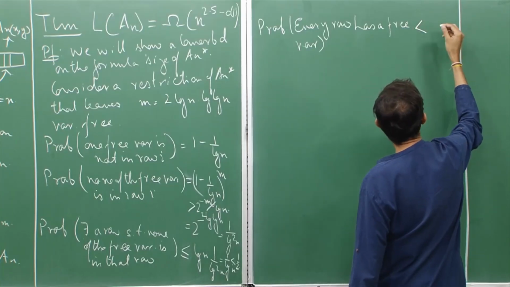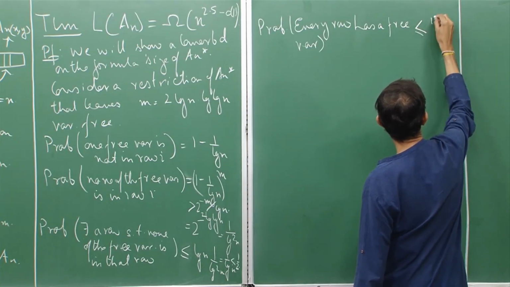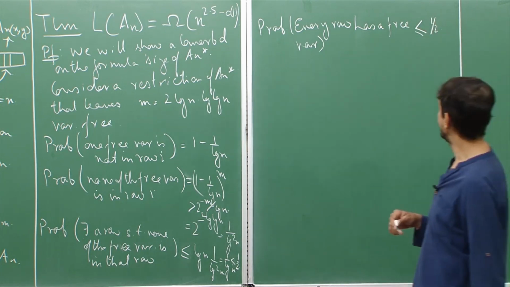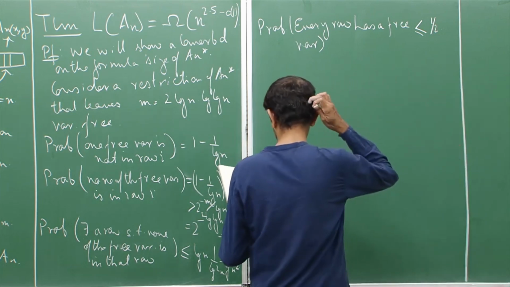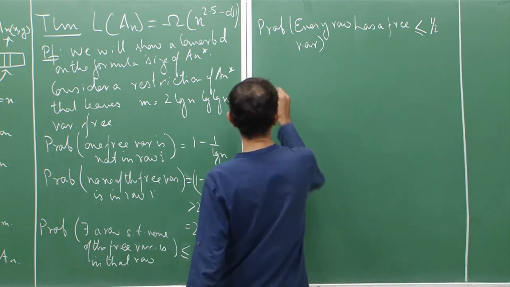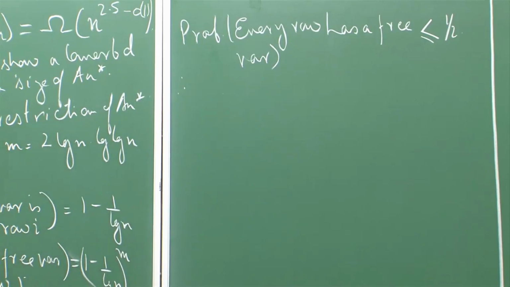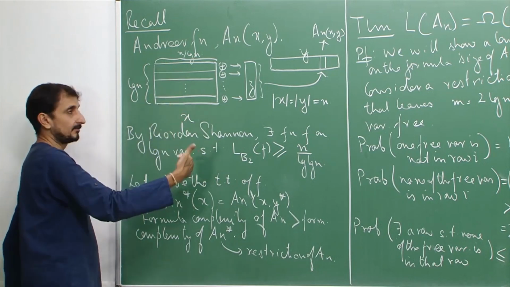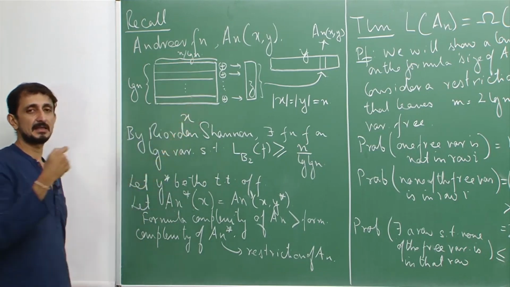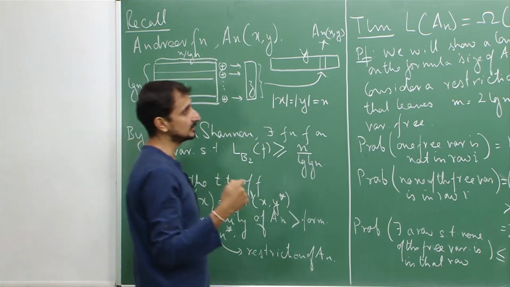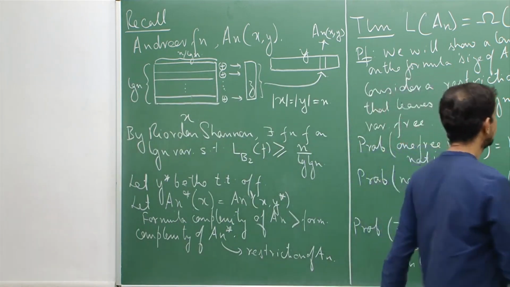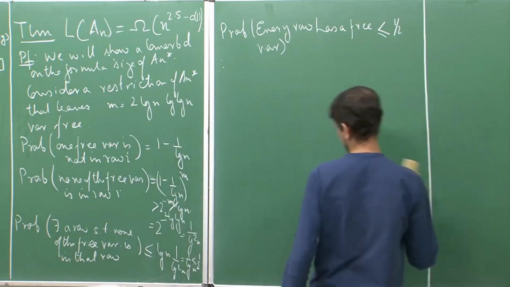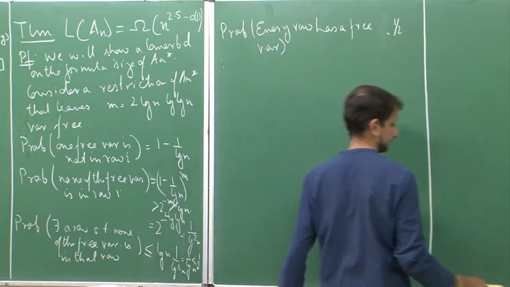So, it is 1 minus this, so it is less than or equal to half. And that is what we want. Okay. So, now what does this mean? This means that in this restriction, I have restricted the variables, and now every row has at least one free variable, and that occurs with probability so much. So, now, greater than again, sorry. That was less than, so this will be greater than half.